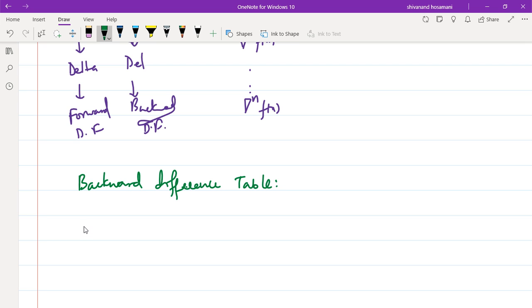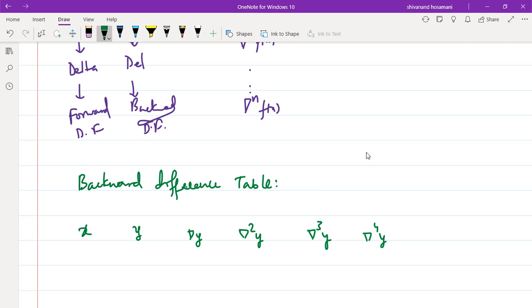As usual, we have the x values and y values, and then the first backward difference del y, del square y, del cube y, del raised to 4 y, and so on.